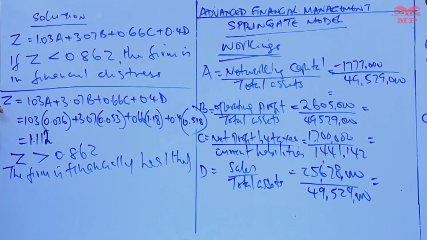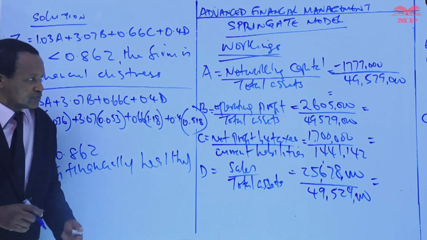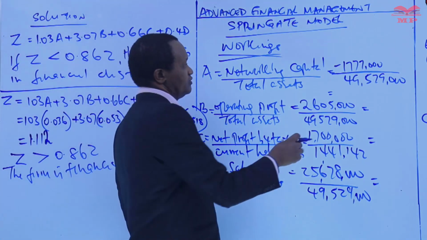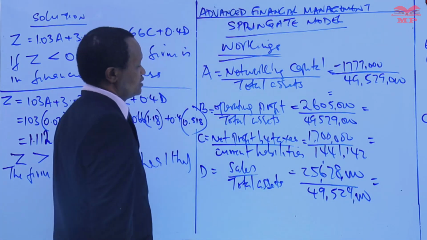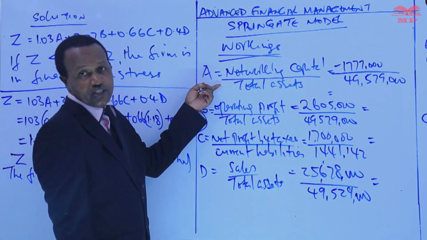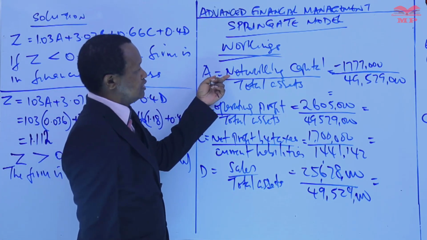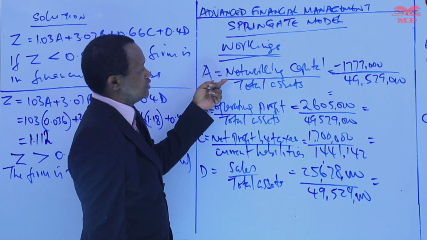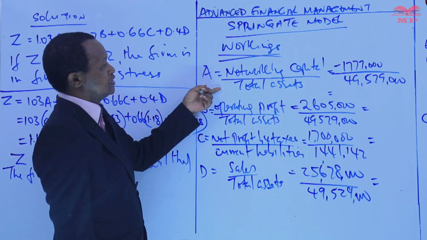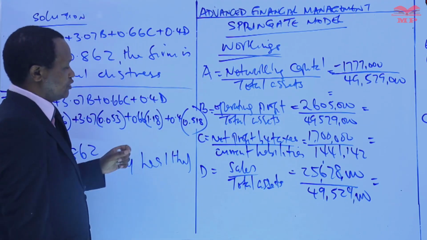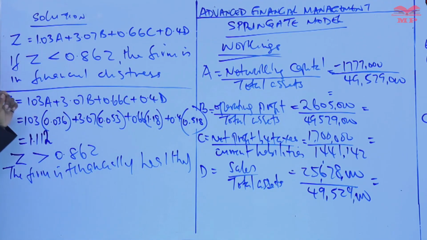However, candidates, you can see this ratio is negative, meaning that the company could be having liquidity problems. Because this ratio is a liquidity ratio, and it's negative. That tells you the firm could be undergoing some difficulties with liquidity. The firm has liquidity problems.